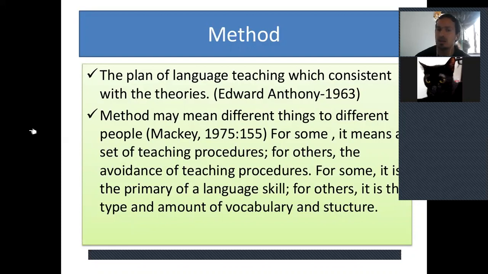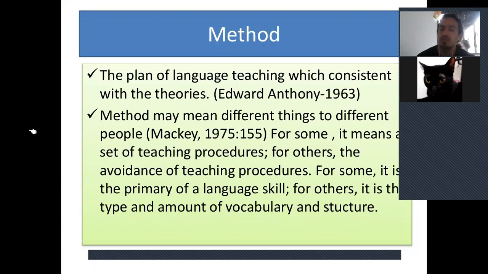Based on Mackey, 1975, method may mean different things to different people. For some, it means a set of teaching procedures. That's right, it's a set of teaching procedures. Another idea is going to be the avoidance of teaching procedures, what to do and what not to do.